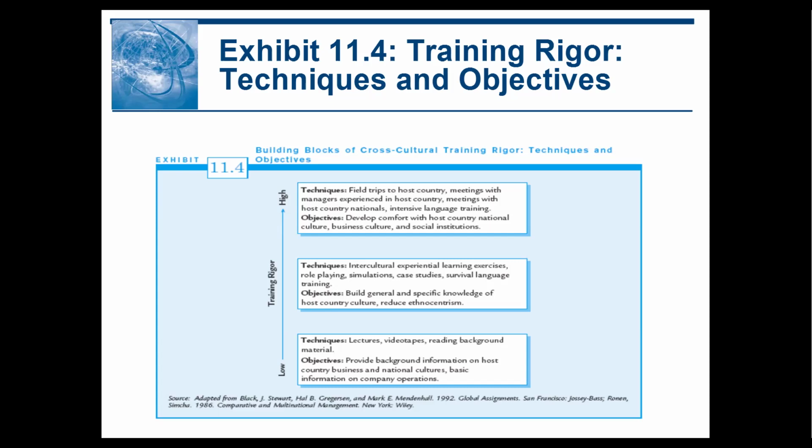However, the type of information we need to provide can vary according to the length of training or the level of rigor. If the level of rigor is low, and you are going to assign that person for less than a week, then we can use these low-rigor techniques.